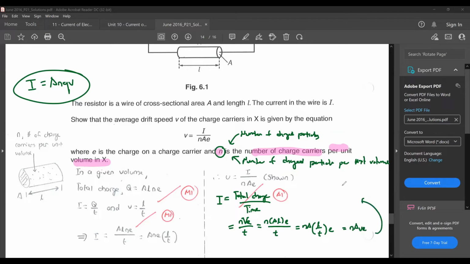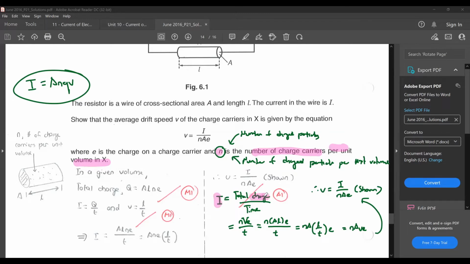Therefore, V is I over NAE. This one is shown.